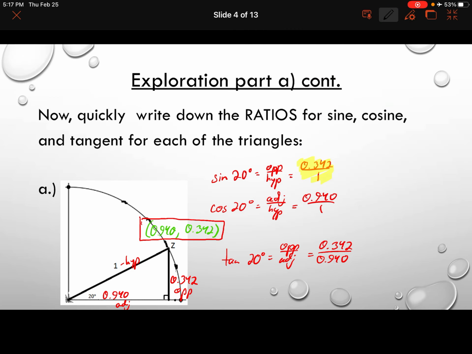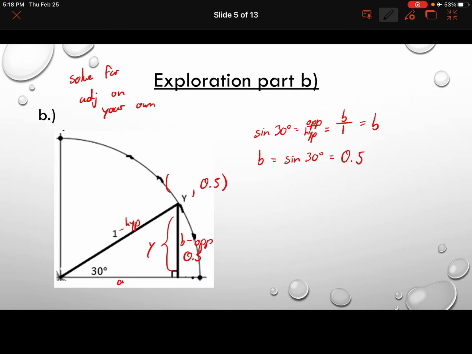The numerator for our ratio, for sine, remember we're just talking about sine. I'm doing sine with you guys, and then you can do cosine and tangent on your own. The sine ratio numerator was always the y value of this point. Let's look at the next triangle.